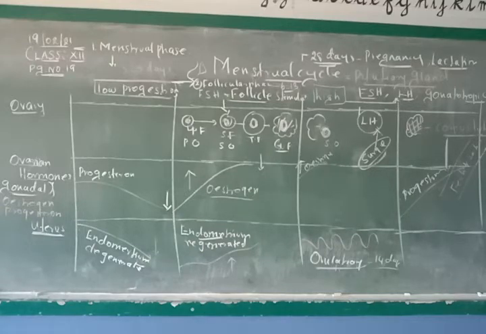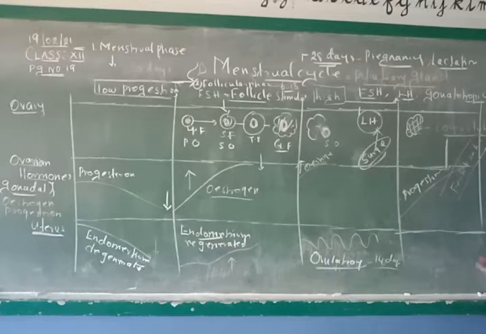It maintains pregnancy. Why? All this we'll study afterwards. So whenever corpus luteum is there, progesterone will be there and this will be maintained up to fertility. That means for 9 months, corpus luteum will be there at the time of pregnancy. If there is no fertilization, corpus luteum will not be there.